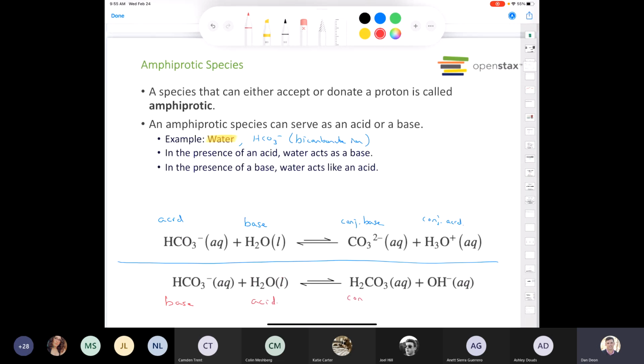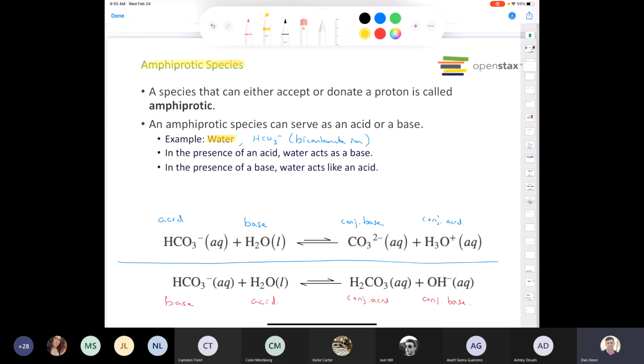Here we have our conjugate acid, and here we have our conjugate base. So these are two great examples because you see how both water and the bicarbonate ion can act as an acid or a base, depending on the situation. Amphiprotic species. You can see how it'd be really easy for me to write a simple multiple choice question on your next exam that asks you about an amphiprotic species.